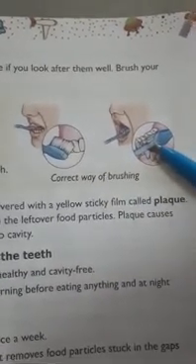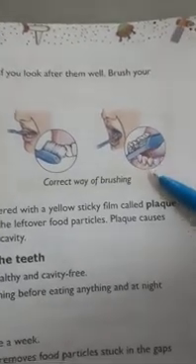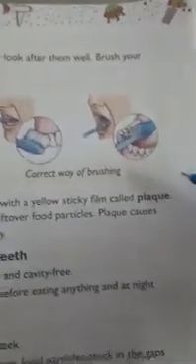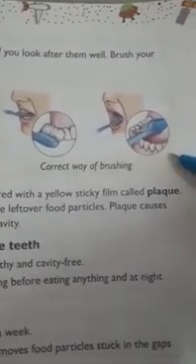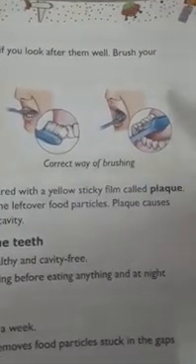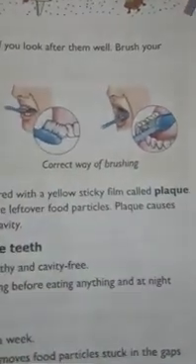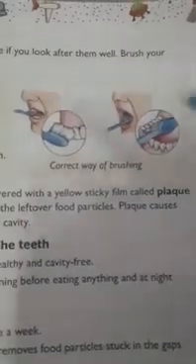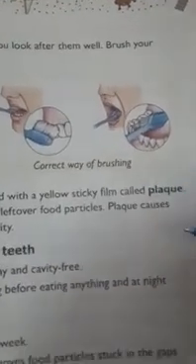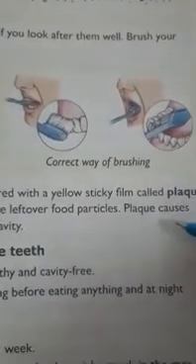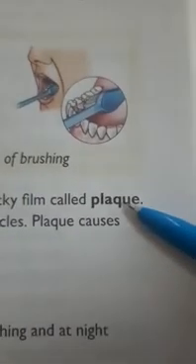Teeth that are not cleaned properly get covered with a yellow sticky film called plaque. The children who do not brush properly, some yellow matter will be there on their teeth. Okay, so that yellow sticky layer will form on the teeth. That is called plaque.